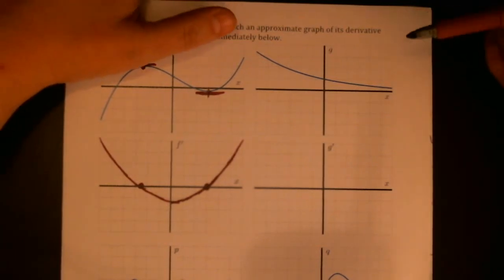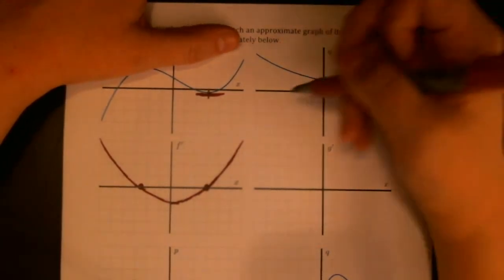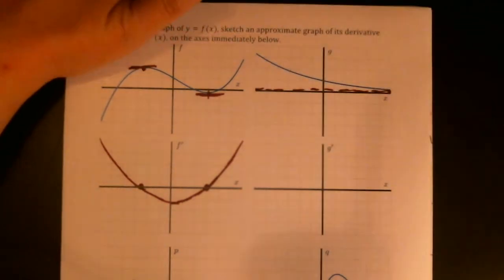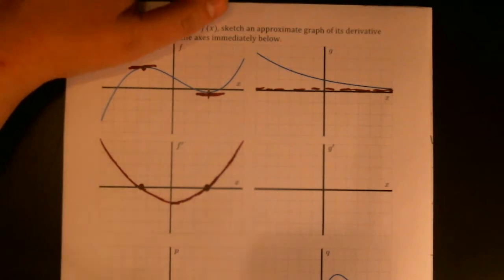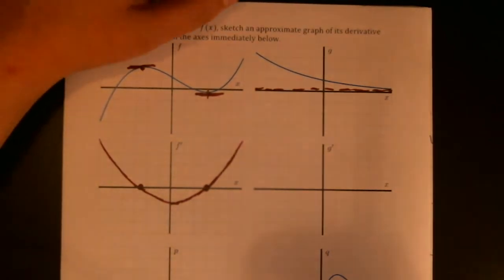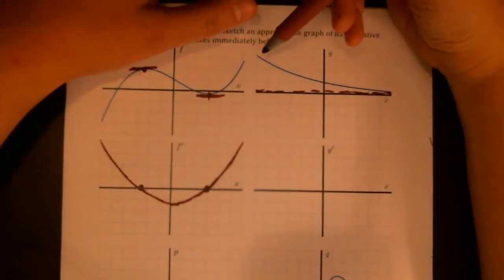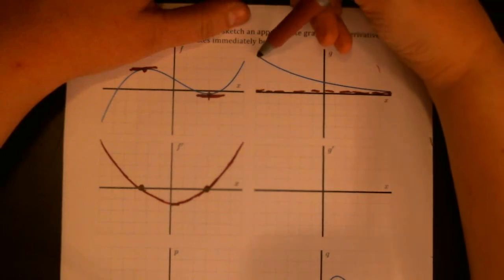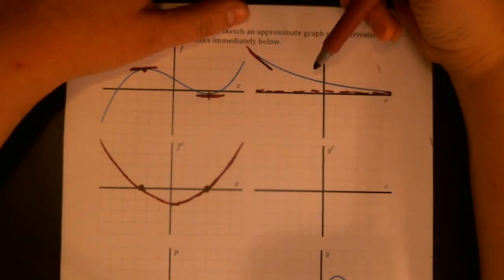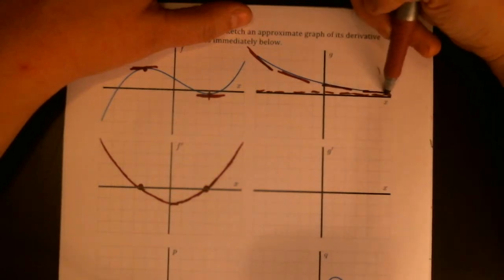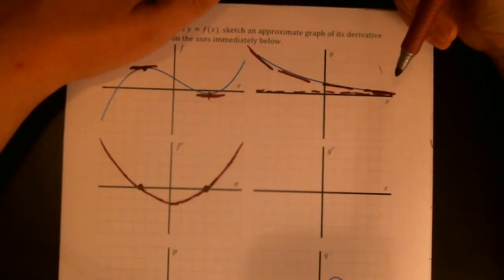The second one is actually a slightly funny one. It looks to me like I have asymptotic behavior, which generally any sort of asymptotic behavior on the function will lead to some sort of asymptotic behavior on the derivative. So I don't have the nice flat spots to start off with. What I see is that I start with somewhat negative slopes, and then they're getting less and less and less negative and approaching 0.